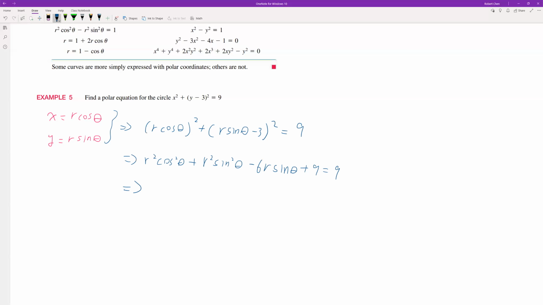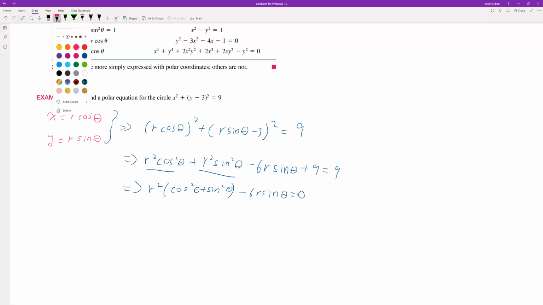All right, and factoring out the r squared first for the first two terms, I have r squared times (cosine squared plus sine squared), which will be nice, right? Because that whole thing just goes to 1.